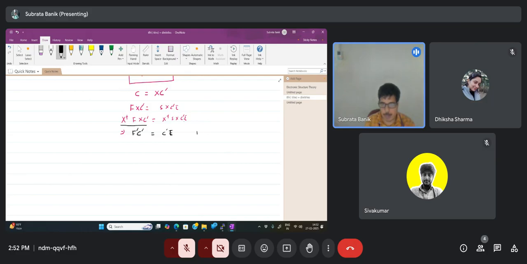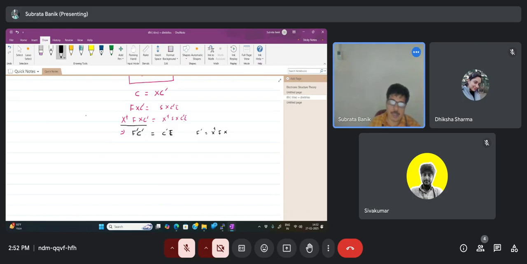What is F prime? F prime equal to X dagger F X. If you have an equation in this form, this is a linear matrix eigenvalue equation.